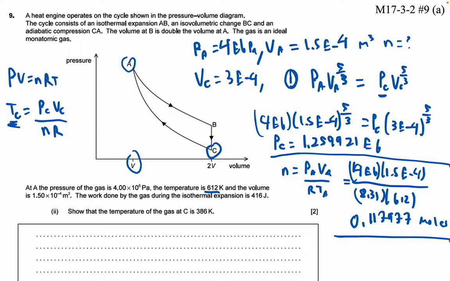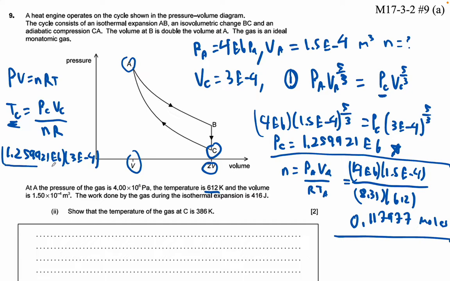Now I've got the value for C, and I've got the value for the moles. So now we can find the temperature at C. The temperature at C is going to be the pressure at C, which is this guy here that we figured out, 1.259921E6, times the volume at C, which is 3E minus 4, because remember it's twice the volume at A, and the volume at A is 1.5.